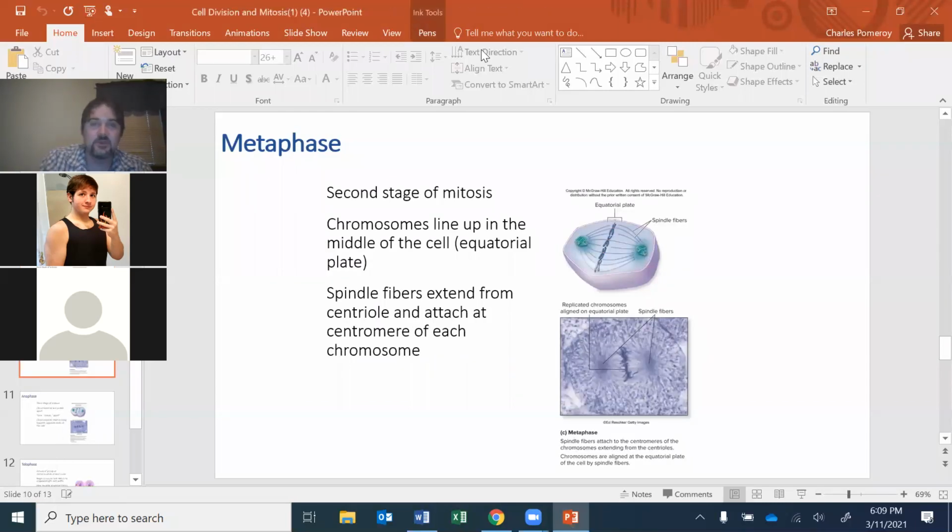Then the centrioles will send out these protein fibers, and you can see them here. These are called spindle fibers because they resemble a spindle in an old-time sewing machine. I don't know if you've ever seen one, but a spindle is where the threads are pulled real tight and thin. So it resembles a spindle, and they call those spindle fibers.